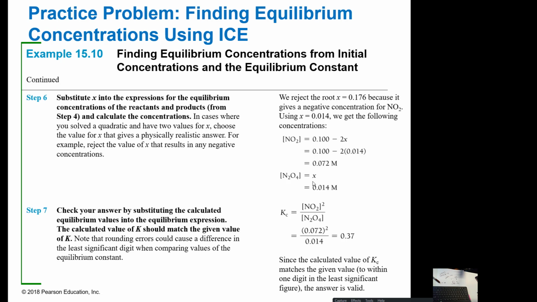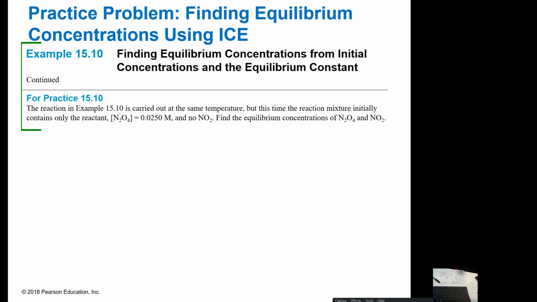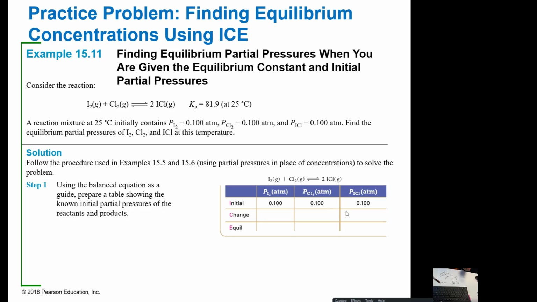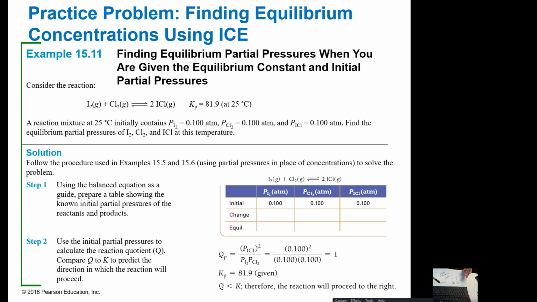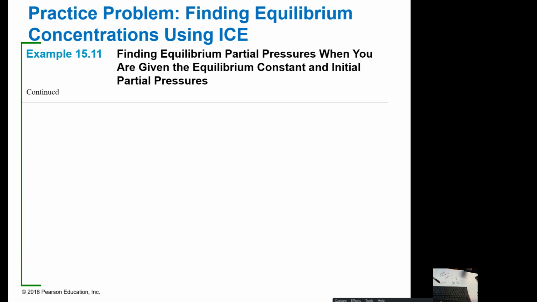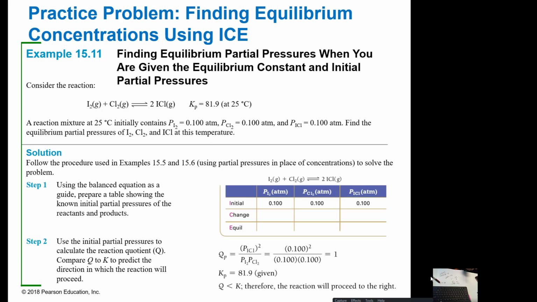So if you see x like that, I'll ask the question, and then there is another question you can look at. It's in terms of pressure, same ICE format, always use the ICE format. First I want to show you this one. Initial pressure, Q, and predict.